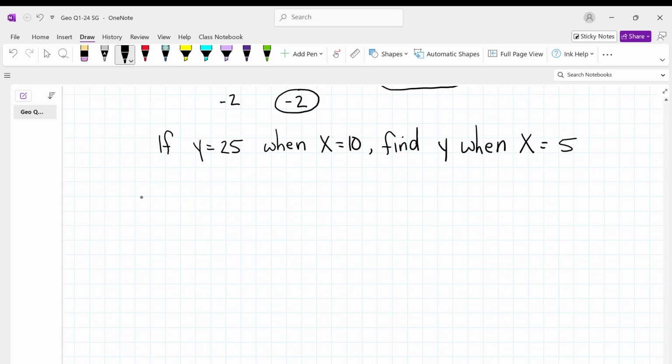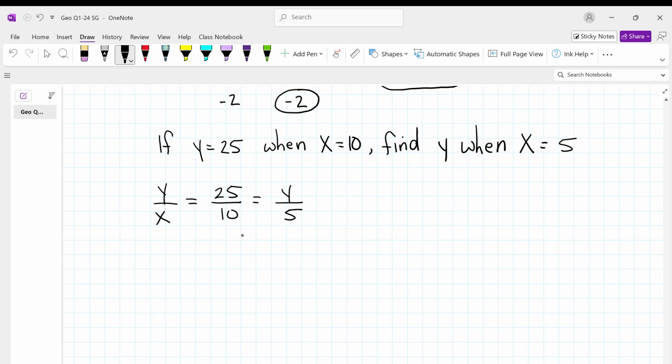So we're going to write a proportion. y divided by x is equal to the first y given, which is 25, when x equals 10. And that's equal to, now we're trying to find y, so we put a y in the numerator when x is equal to 5. And we crisscross multiply.